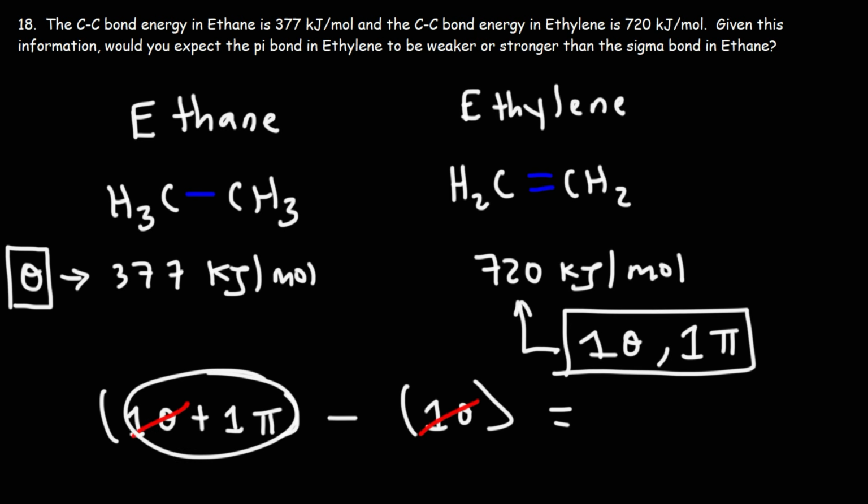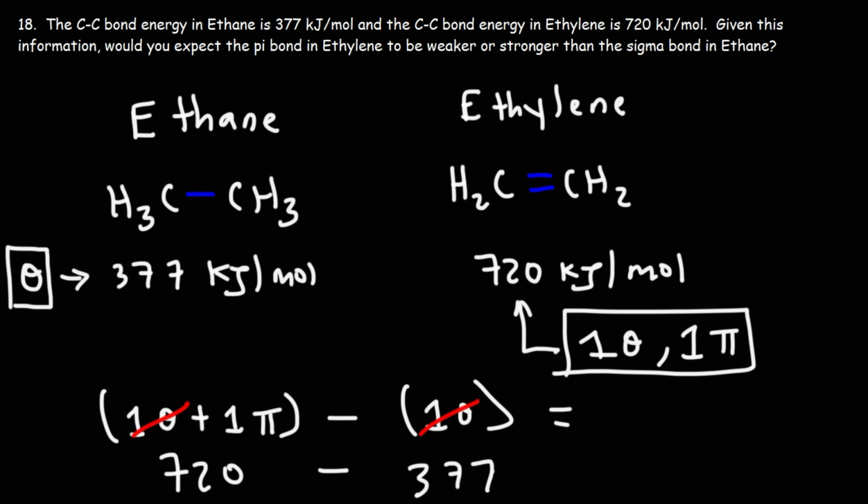So the sigma and the pi in ethylene is 720 kilojoules per mole. The bond energy in ethane for the sigma bond is 377. So if we take the difference of those two numbers, we get 343.